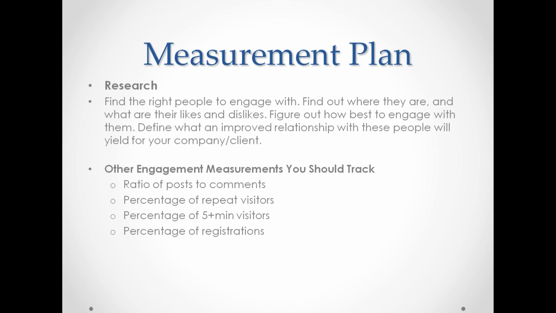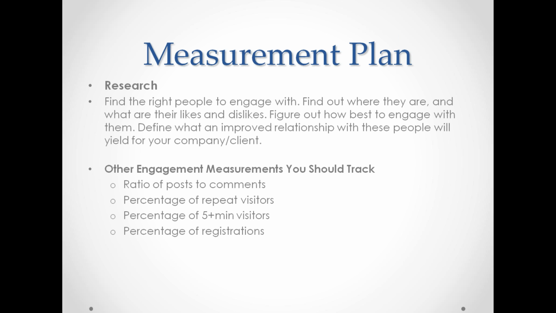Do your research. Find the right people to engage with. Find out where they are and what their likes and dislikes are. So these are your customers, your potential customers, users who will go to your website. Figure out how best to engage with them. Define what an improved relationship with these people will yield for your company or your client.